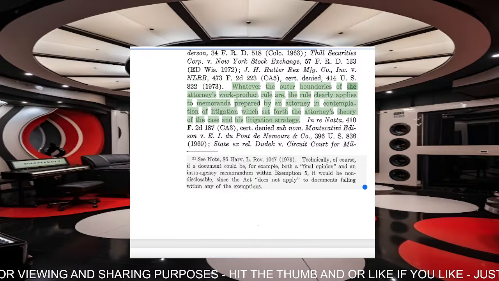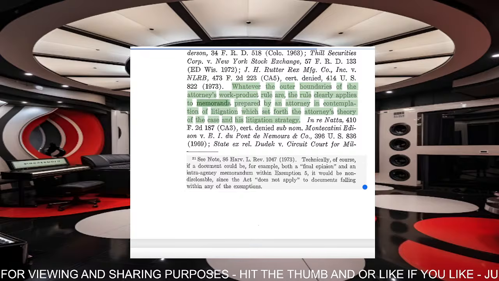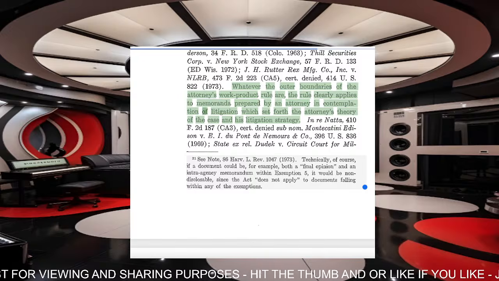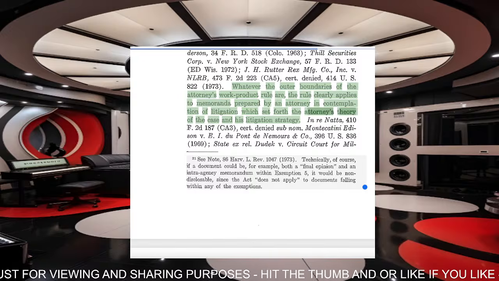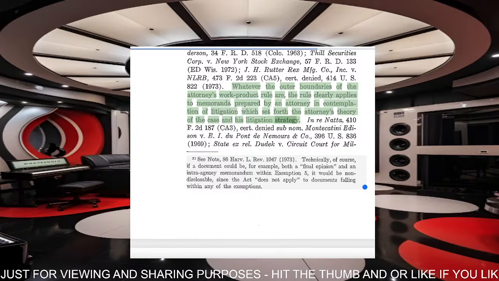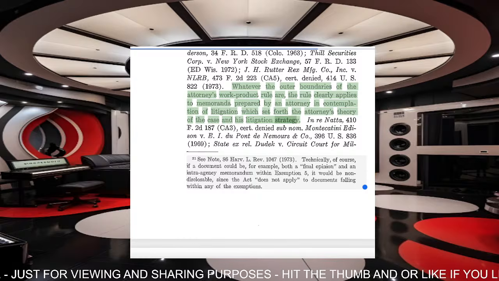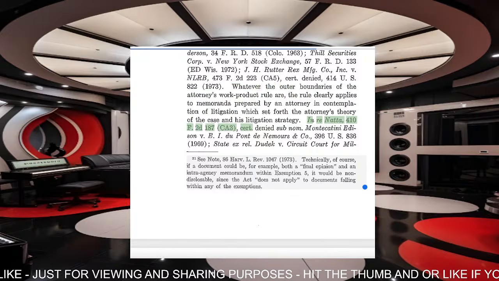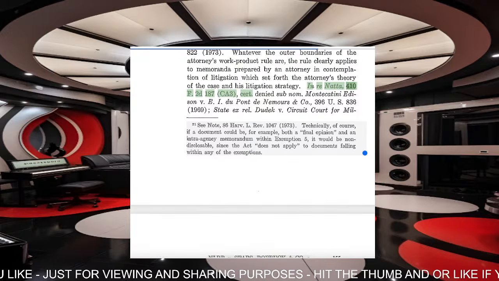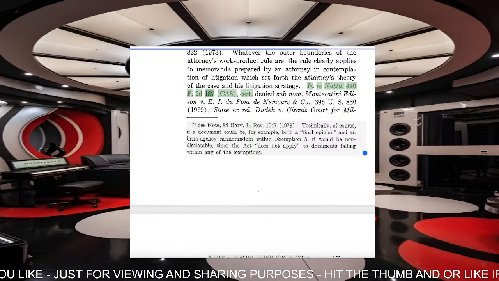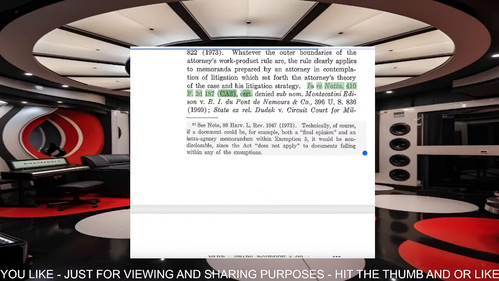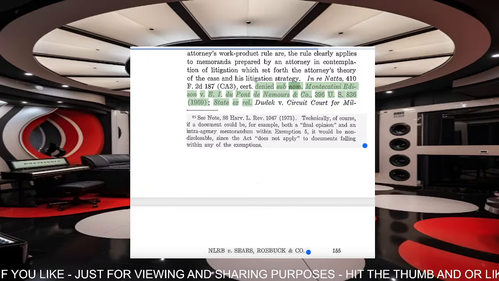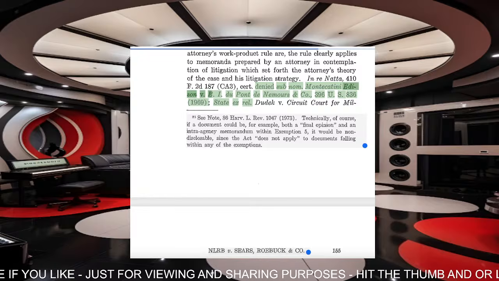Whatever the outer boundaries of the attorney's work product rule are, the rule clearly applies to memoranda prepared by an attorney in contemplation of litigation which set forth the attorney's theory of the case and his litigation strategy. In Renata, 410 F.2d 187, cert. denied sub nom. Montecatini Edison v.